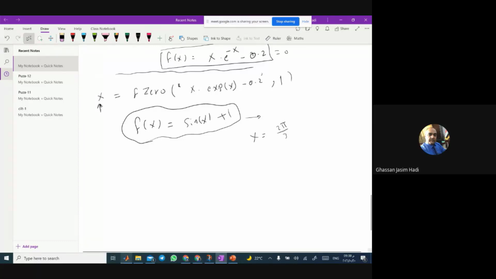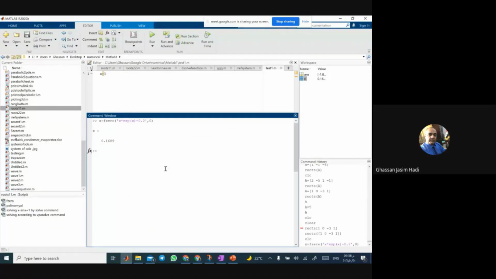Let's see what it gives us in this. With me, x equals what? fzero, with me, everybody. fzero, parenthesis, single quotation mark, sin x plus 1, sin parenthesis x plus 1.